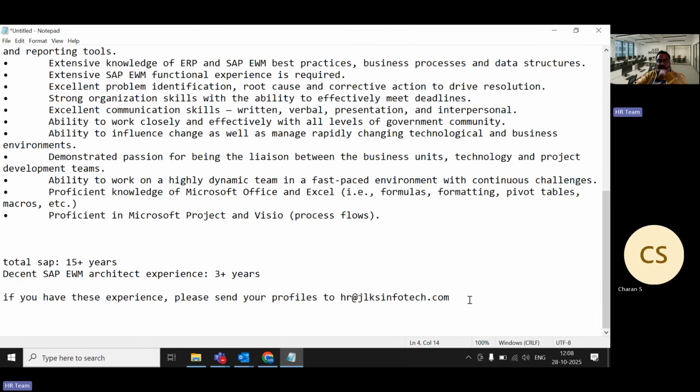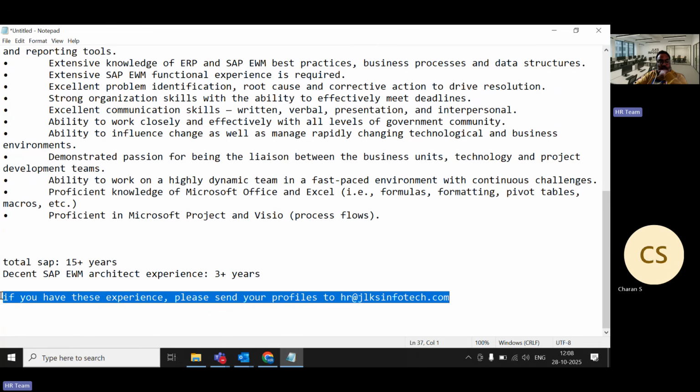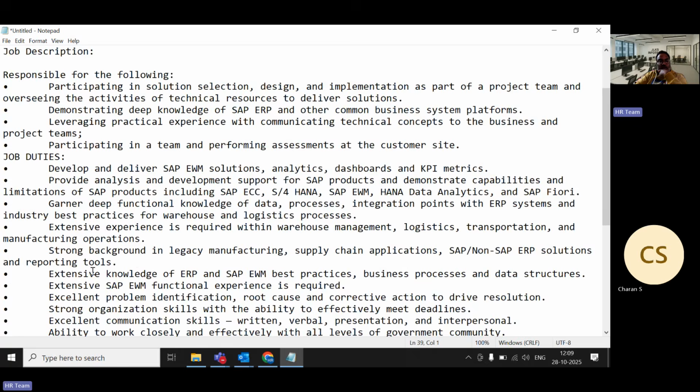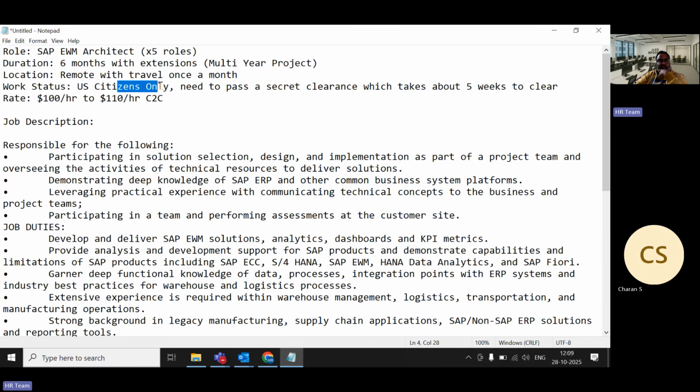Then once the profile screening call is successful and the minimum documentation check is done, your profile will be submitted to the customer and you will have 1 round of interview. Once your interview is done, the customer will do the required checks, whether you are a citizen or not. And if at all any checks, as I told, I'm not sure what checks they will do. Once that is done, they will be deploying you, onboarding you, right? So this is all about the requirement.